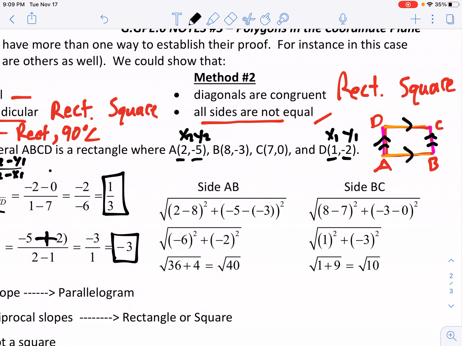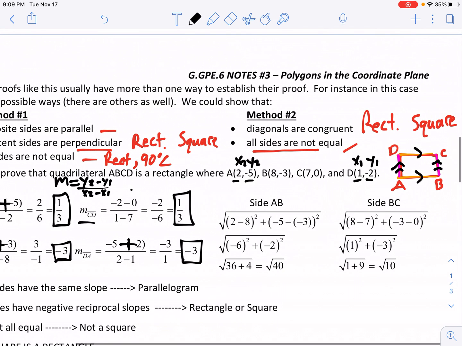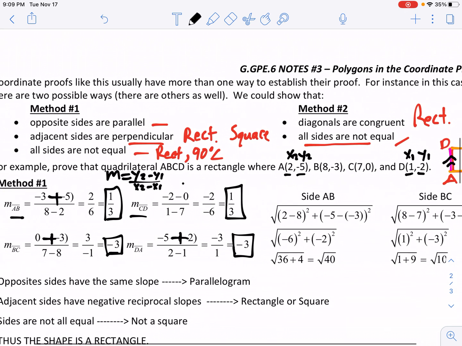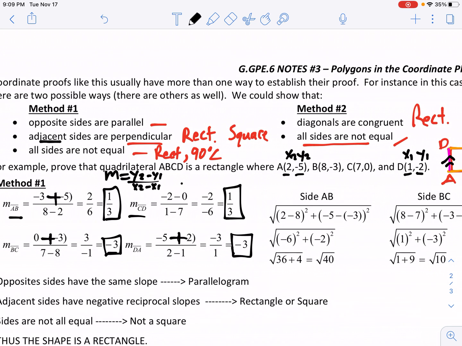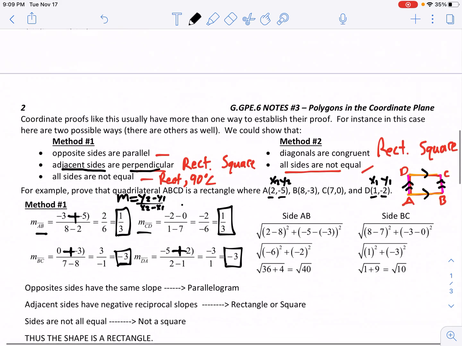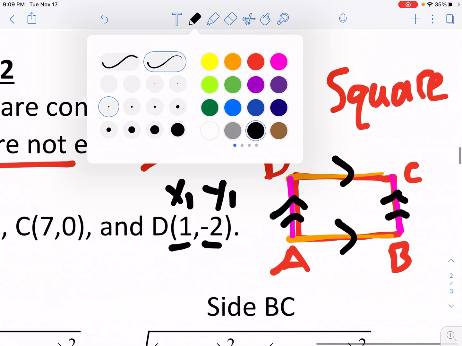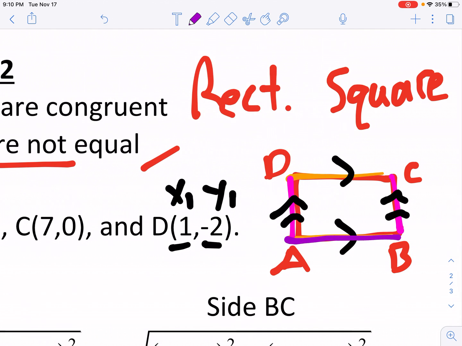What we want to determine next is kind of looking at our slopes here. If we can look at our slopes and they're opposite reciprocals between our adjacent sides, they would have to be perpendicular. Well, look at this. Is 1/3 and negative 3, notice AB and BC, just so we're clear and on the same page, AB and BC are adjacent sides.